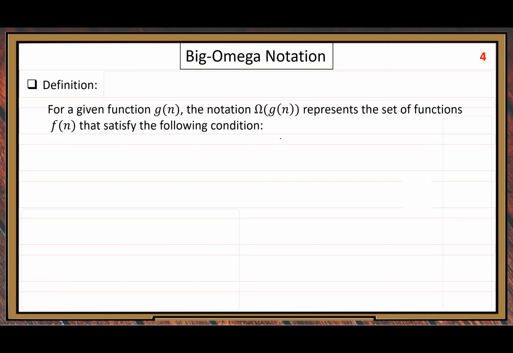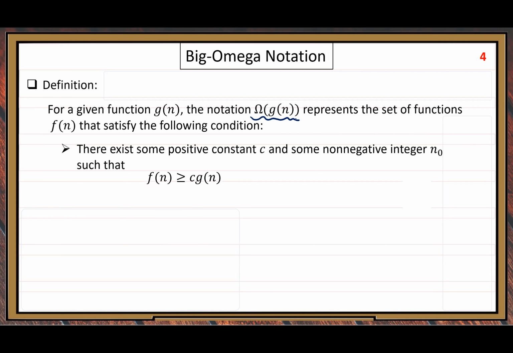Okay? Yeah. The description is pretty much the same. Yeah. So then the inequality, we change to lower bound. C constant multiple of g, we use it as the lower bound of f function. Then this whole set of functions we call big omega of g of n.